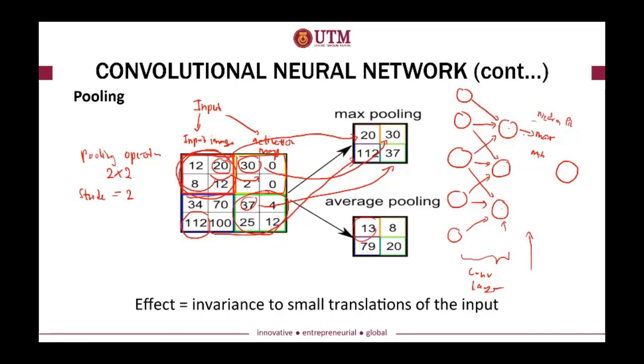Okay, after applying a pooling layer, you will see that the one that passes to this stage is only this one, while for this one there's no connection here. You just cut this network.